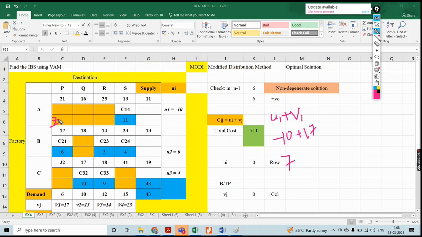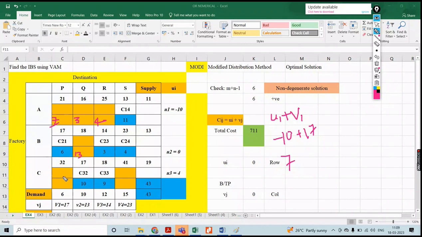Then the next unoccupied cell, the second cell: 13 minus 10 is 3. Next, 14 minus 10 is 4. Next unoccupied cell: 13 plus 0 is 13.